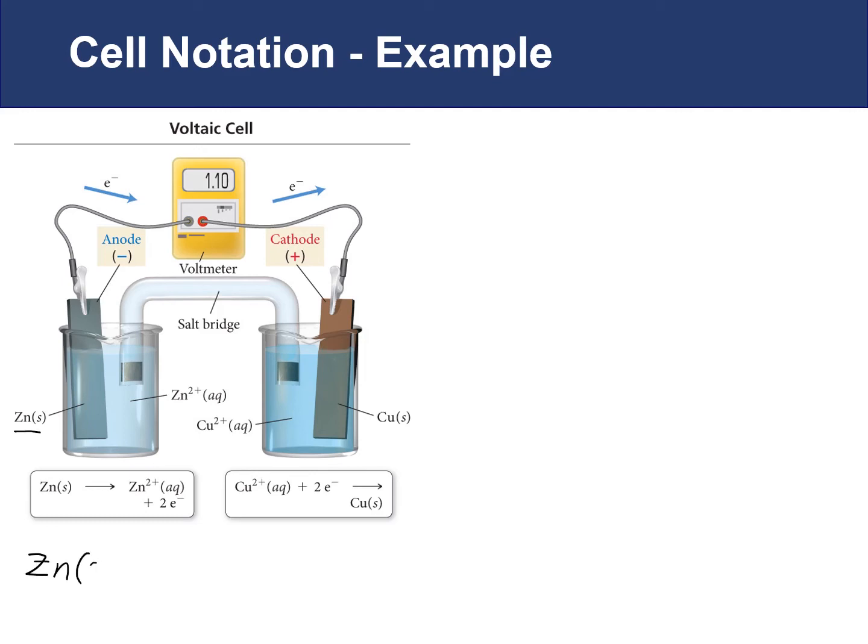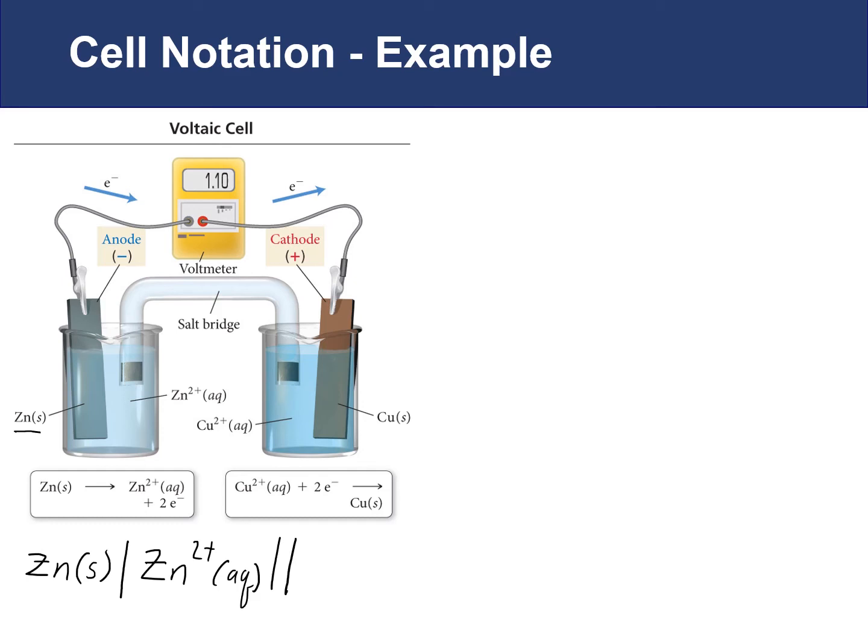zinc as a solid. There's a difference in phase between the electrode and the electrolyte, so there would be a vertical line. Then we have zinc 2+ aqueous as our electrolyte, so Zn 2+ aqueous. And then we have our salt bridge. So double lines indicate salt bridge.